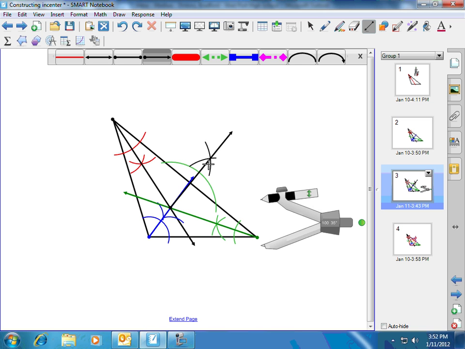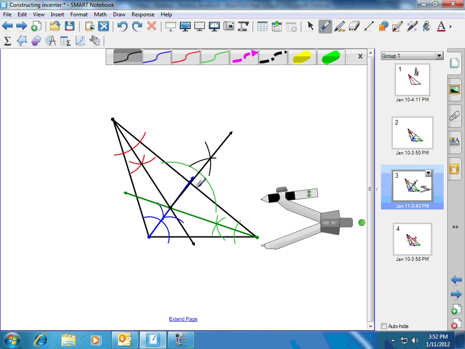All right, so once you find the perpendicular, what you're after is not a bisector necessarily, but a perpendicular through the incenter and the side of the triangle. I'm after this point right here that I can use to make the radius of my circle.